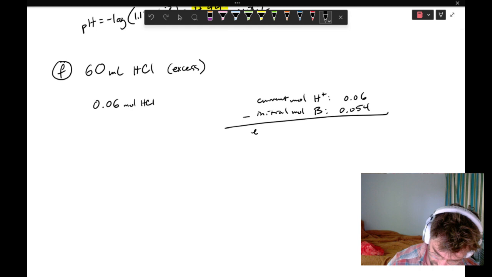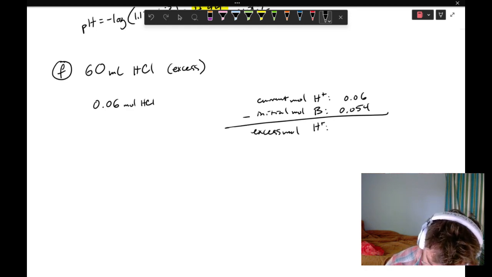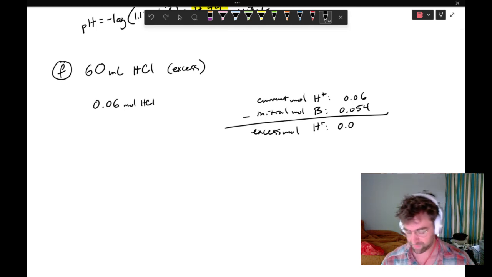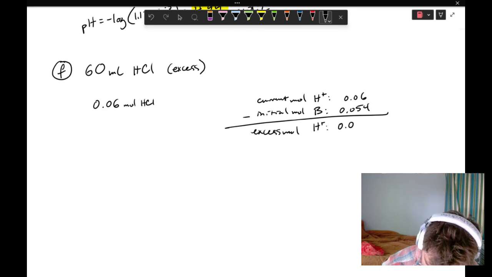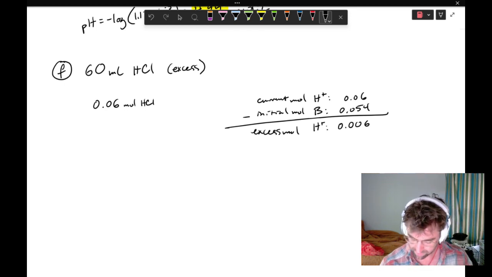Gives us excess moles, and we'll worry about that in a second, is 0.006.